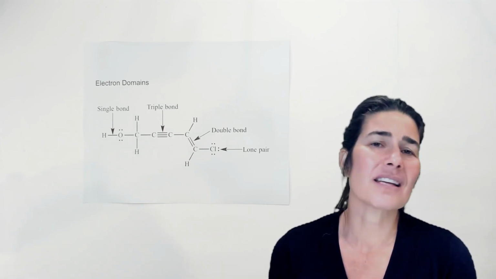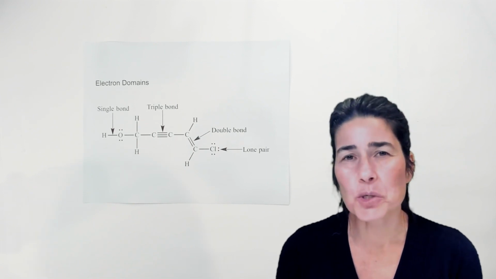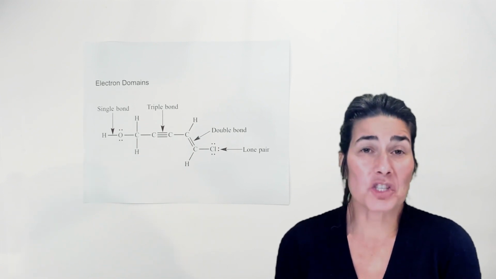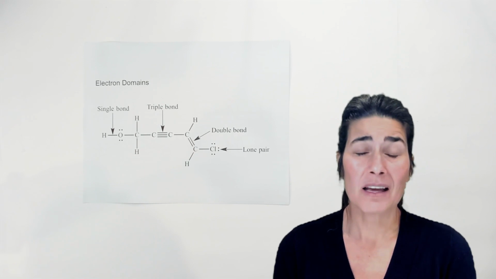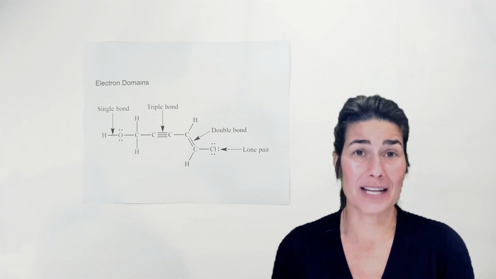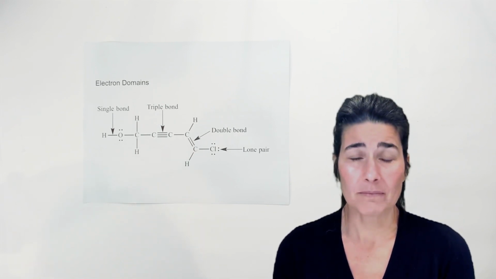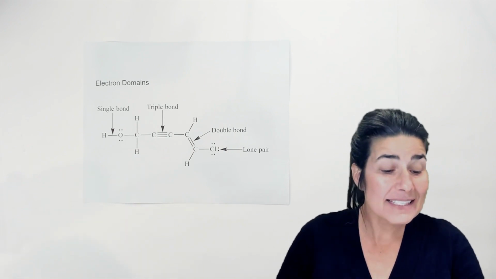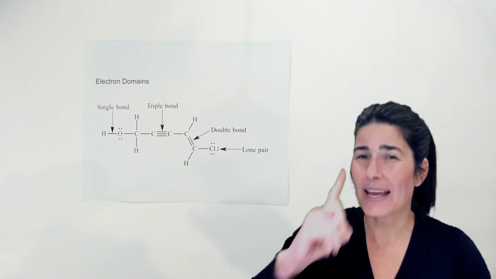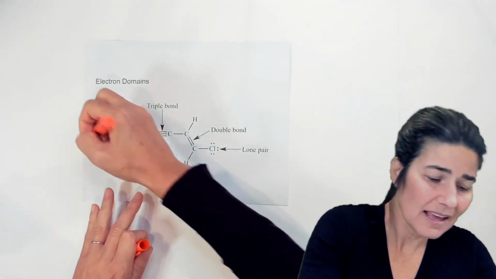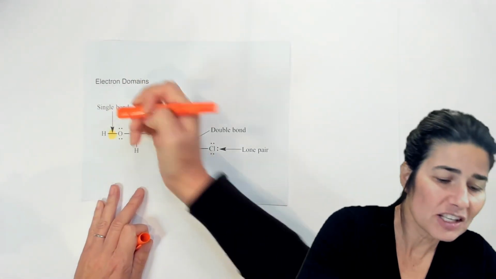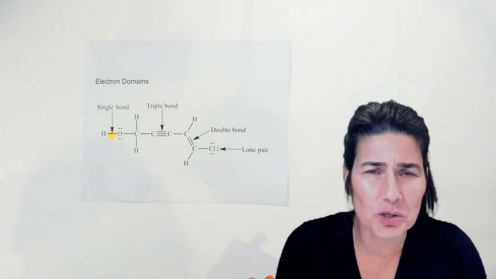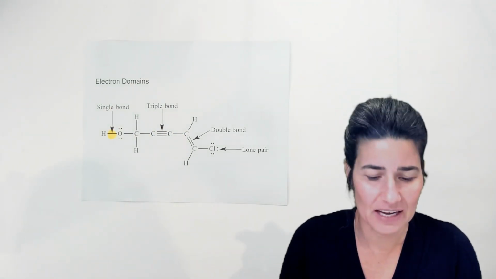Well, electrons are no different. For an electron domain, there might be 2 electrons in that domain, or there might be 6 electrons in a single domain. So what counts as a domain? A single bond counts as one domain. It just happens to be 2 electrons live in that area.